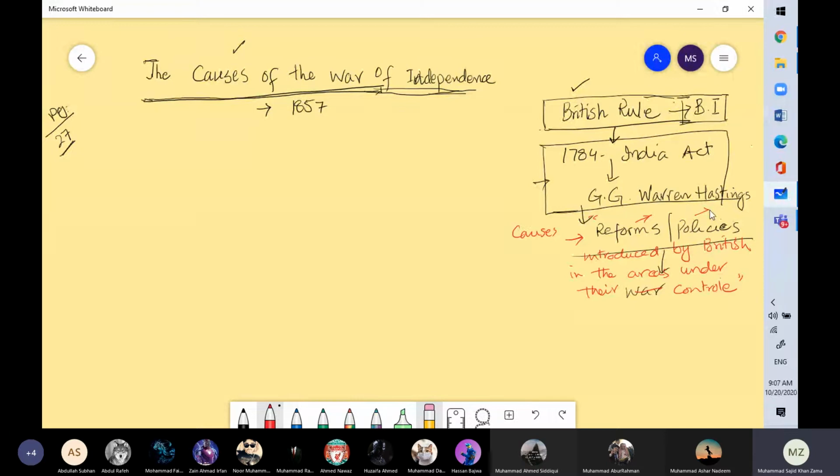So their reforms and policies basically resulted in hatred. They affected Indians.